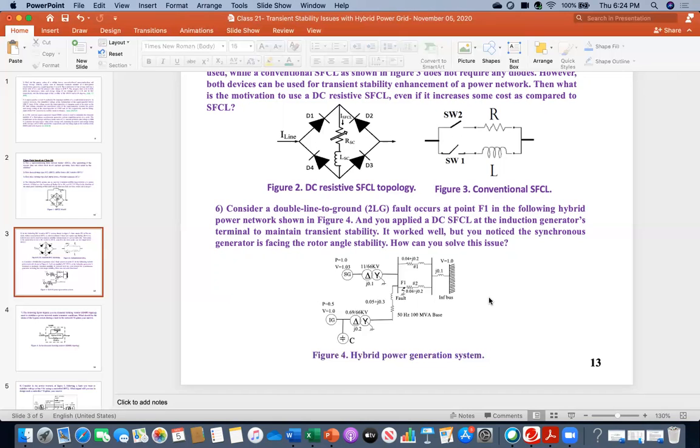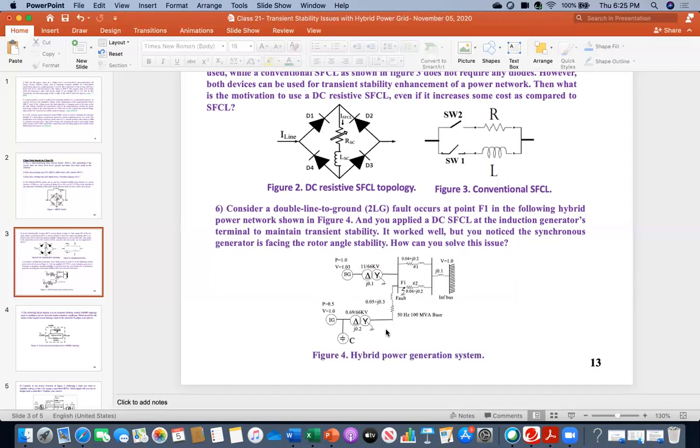So therefore, in this case the example is DC SFCL. Then think about it being BFCL or whatever parallel resonance you placed. Again the same thing: it worked well, but you are still saying the issue is here. This generator is not fully stabilized.